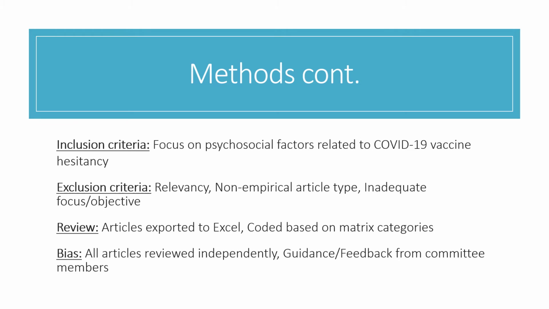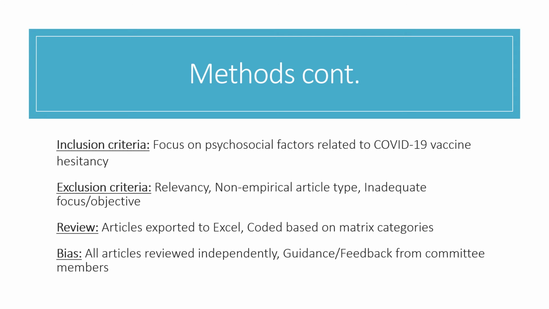For the review process, all of the articles were exported to an Excel file, and they were coded based on that matrix table that we saw earlier. It is important that I note the bias involved. I was the only researcher involved in this study. That is not typical of a systematic review.